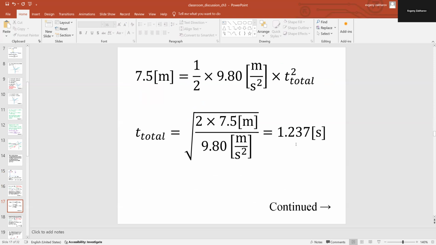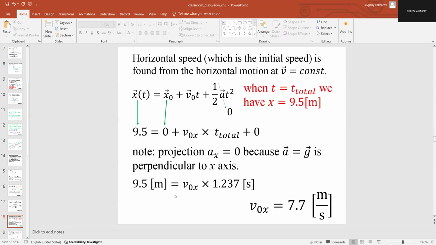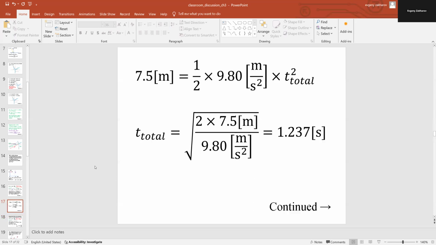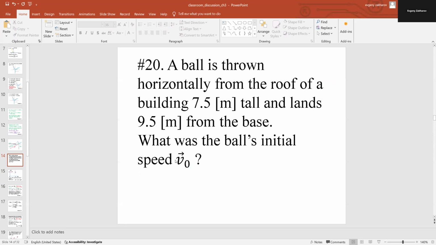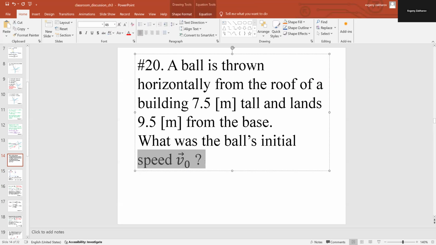And it's not negative, which is good news. So definitely something that you would expect. Now the question was, what's the initial speed?